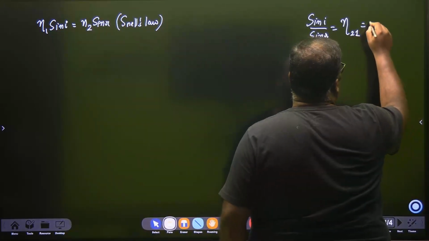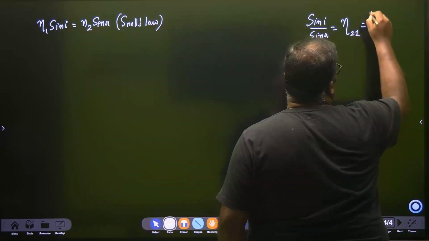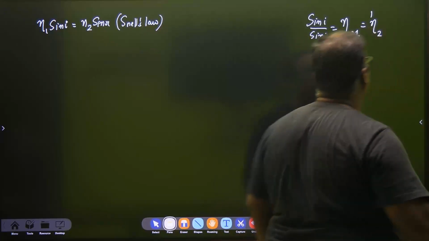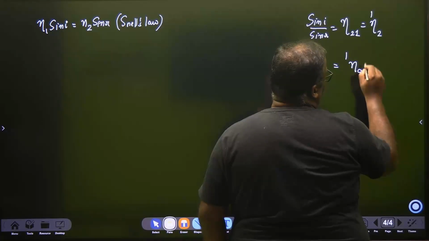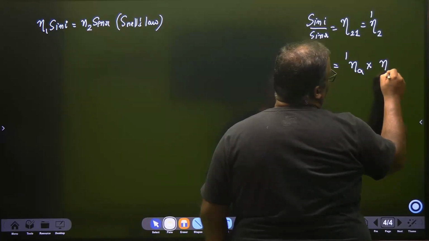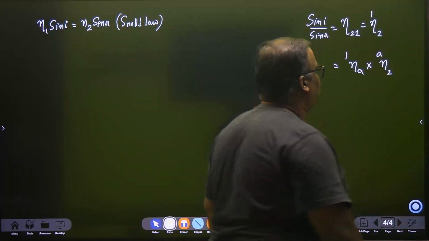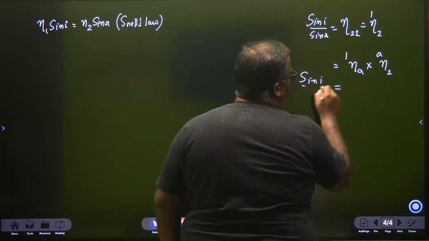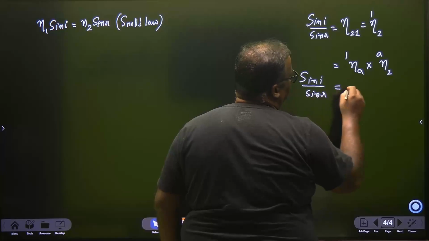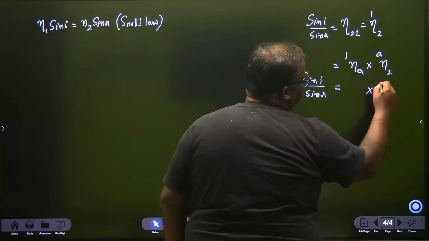This I can further write as eta 1 with respect to air into eta 2 with respect to air. Remember, this is sin i divided by sin r. Now, what is this? Eta 2.